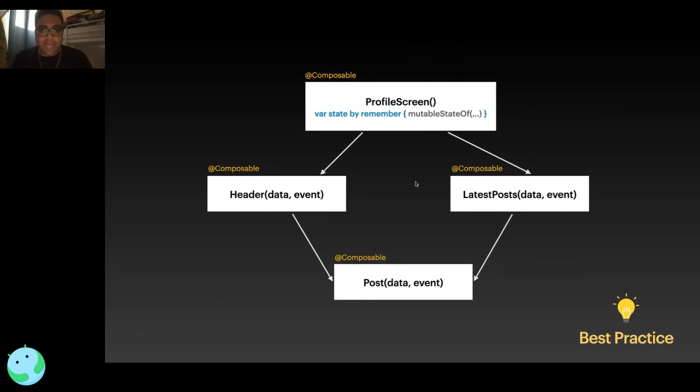And then in the header, we pass the data and we send back an event through a lambda, and the same in the other composables. So this pattern is called state hoisting.